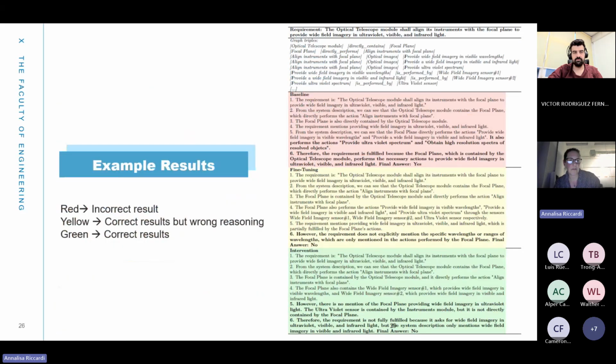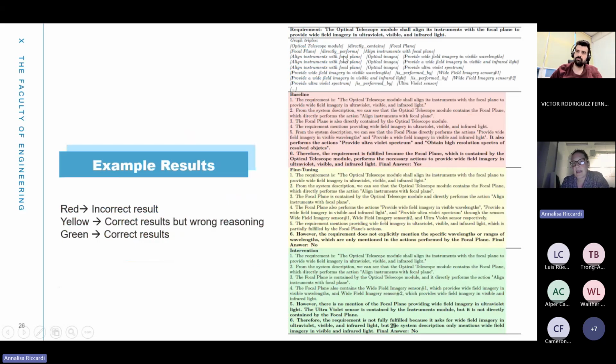And this is an example of outputs after you implement this model. On top you have the prompt in white. You have the requirement: the optical telescope module shall align its instrument with the focal plane to provide wide field imagery in ultraviolet, visible, and infrared light.